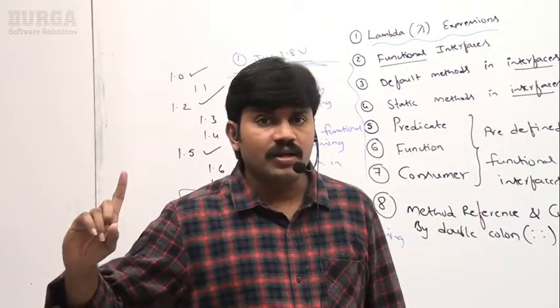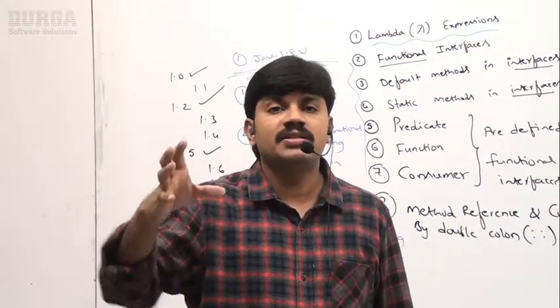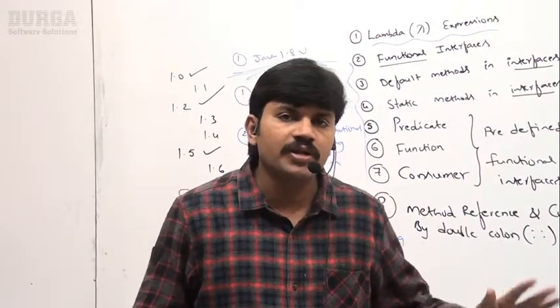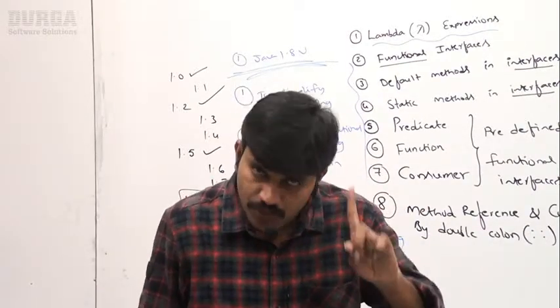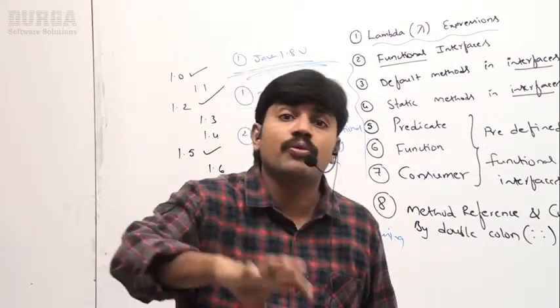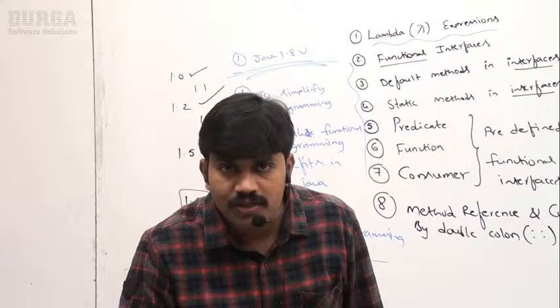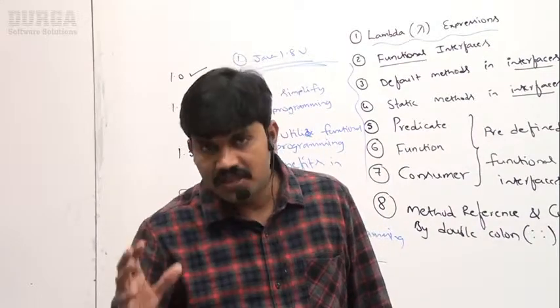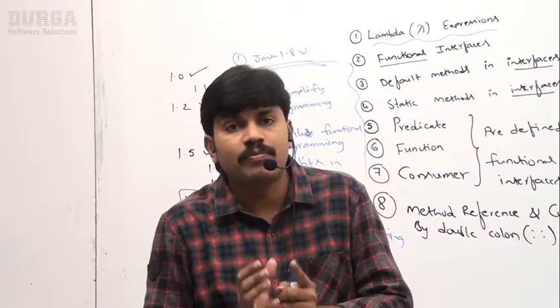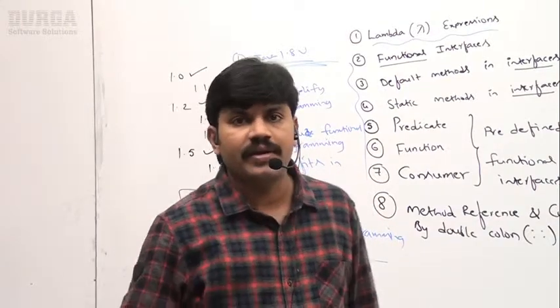Point number 1, why did Java change in the 1.8 version? What are the main objectives of the Java 1.8 version? To simplify programming. The second benefit is to enable functional programming in Java. The third one is to enable parallel processing in Java. Because keeping these three things in mind, the Java people introduced Java 8, right?